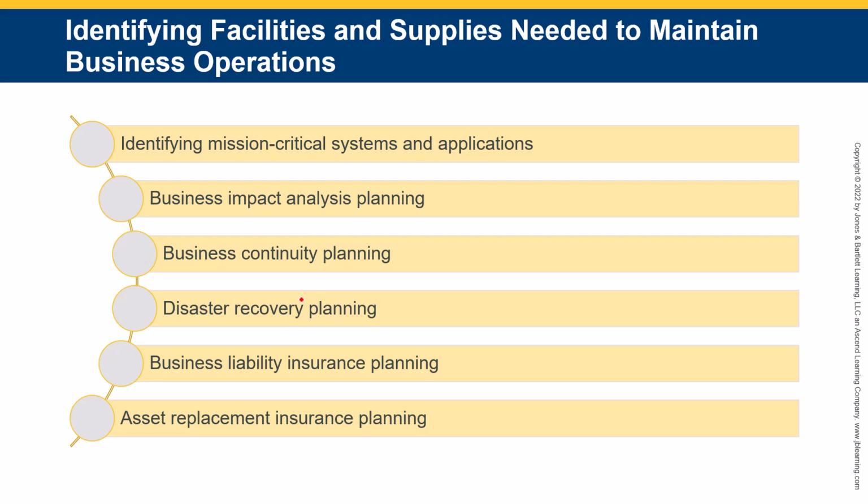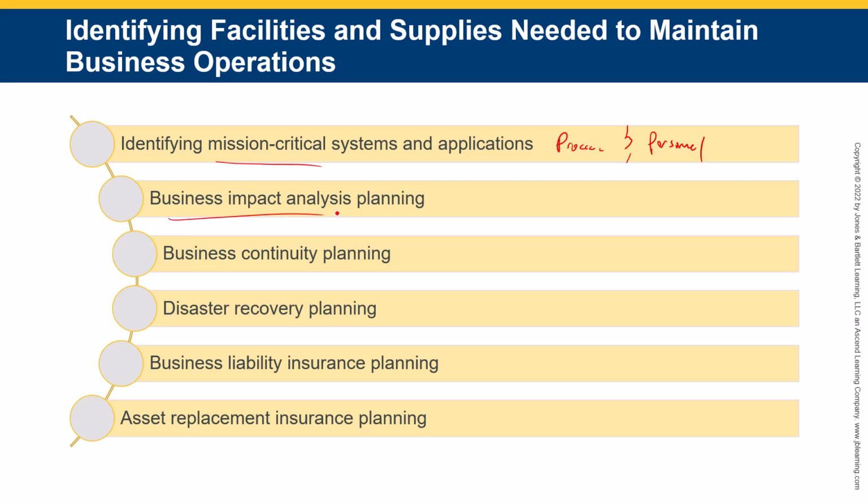So by identifying the facilities and supplies needed to keep the business running, we need to identify all mission critical systems, applications, processes, and personnel. That way, we know in a crunch who do we absolutely need and what systems and applications are necessary.